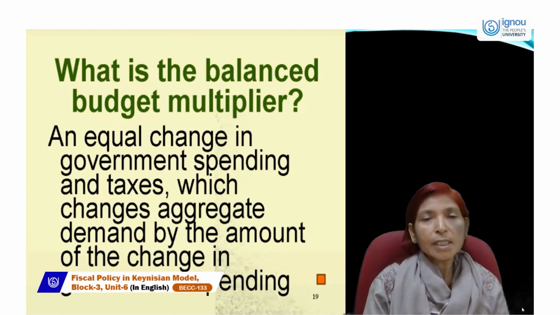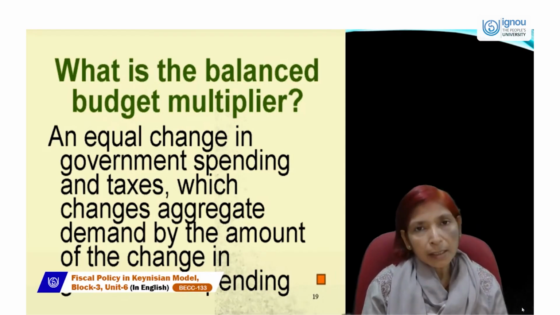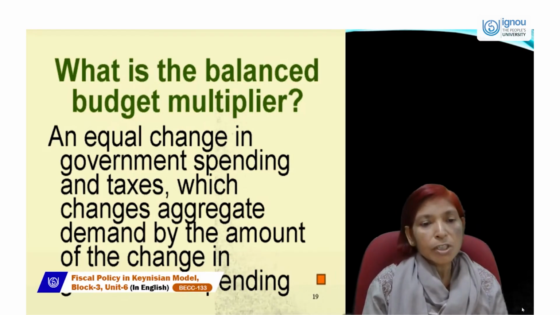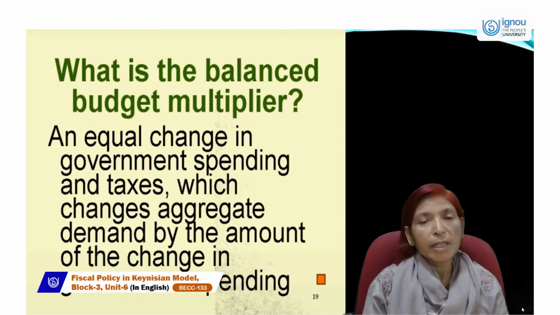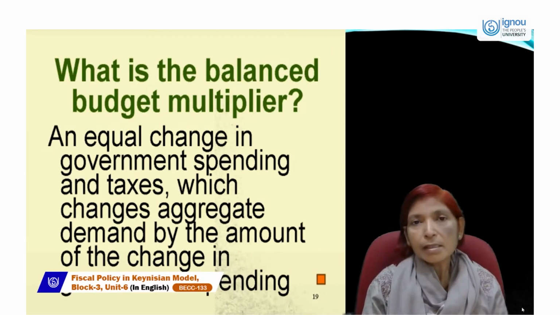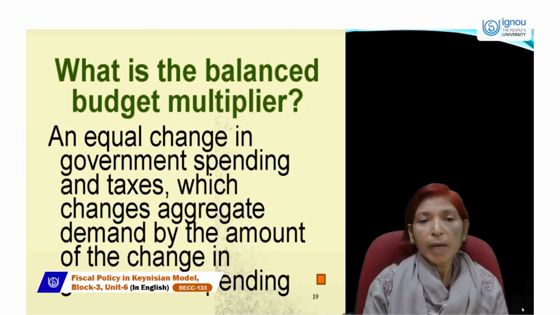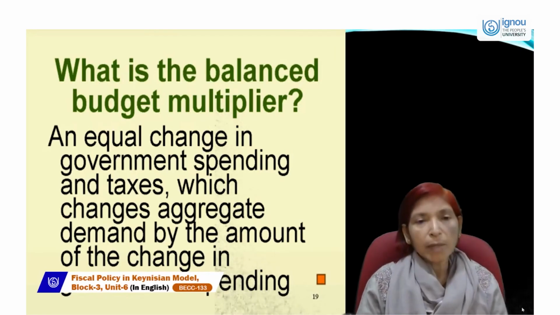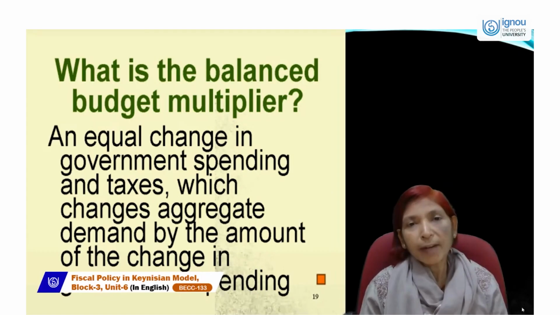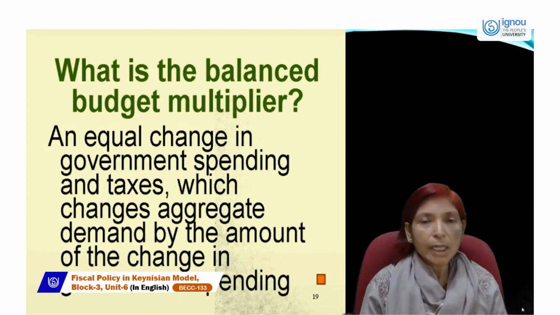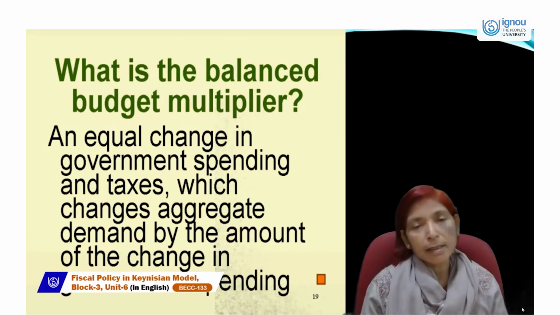So an equal change in government spending and taxes changes aggregate demand by the amount of the change in government spending. In this case, budget will be in balance. And multiplier is a concept which shows multiple effect or multiple change in any concept.